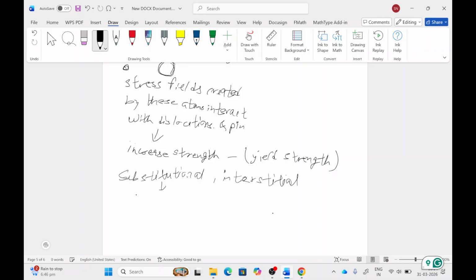Substitutional means the solute atoms replace the atoms from the matrix, and interstitial solute atoms sit on interstitial spaces between atoms.